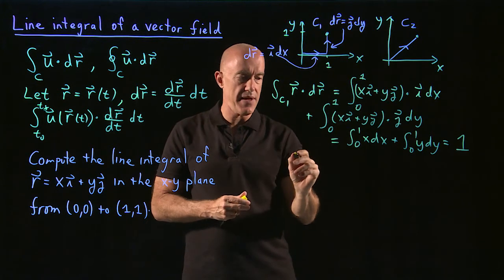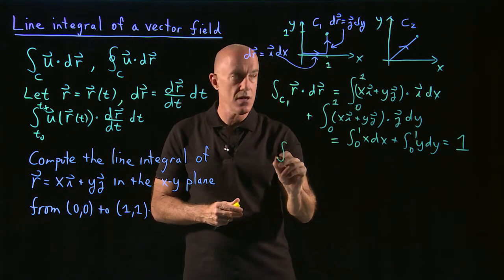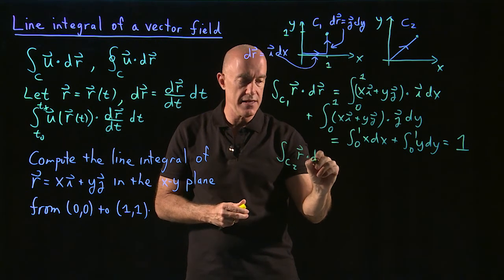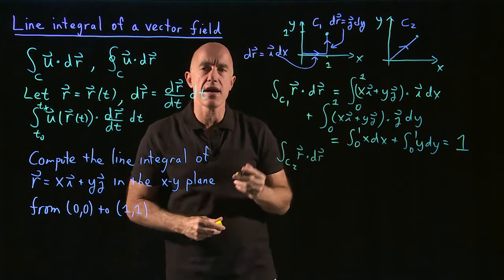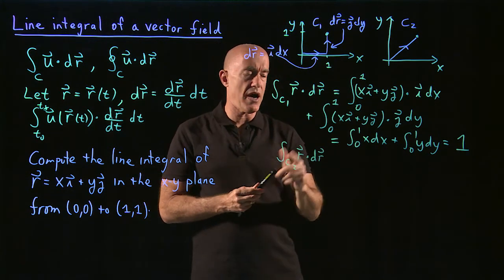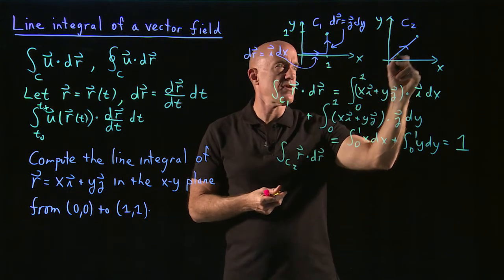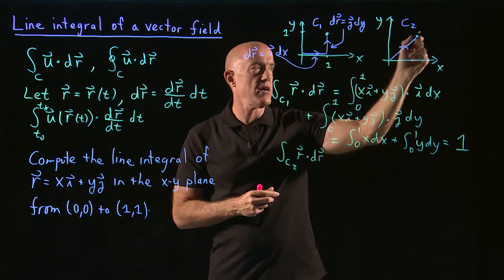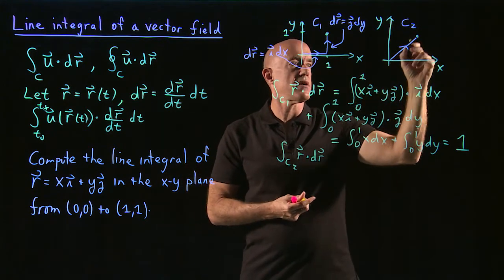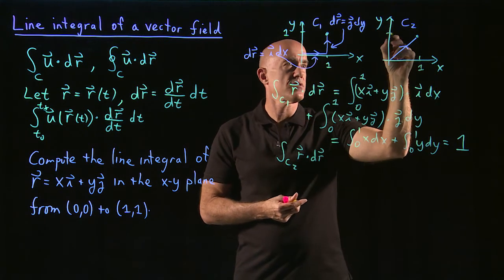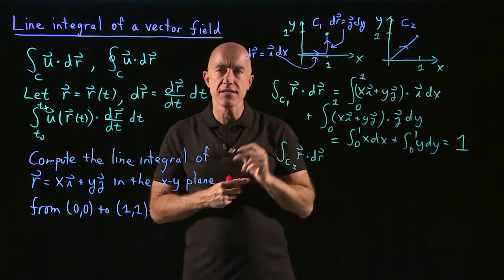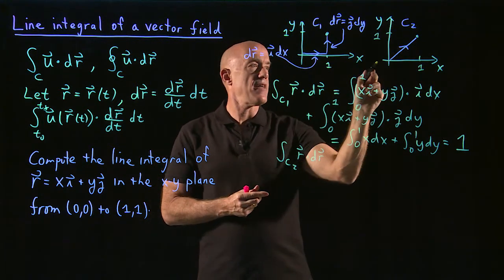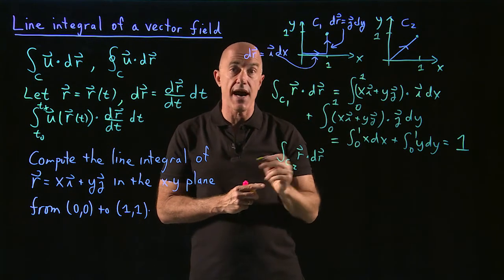Let's look at the second path now. So we want the integral along C2 of r dot dr. Here we have to parameterize r. As we move along this curve, we have a position vector r, because this is the point (1, 1). So the x component is always equal to the y component along this path, and the vector direction will be i plus j.